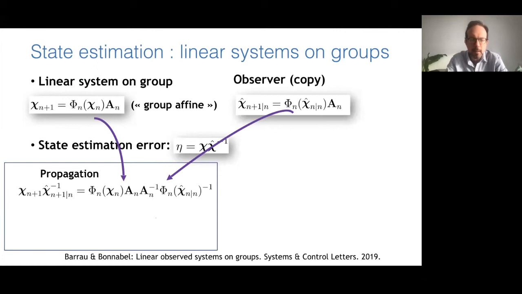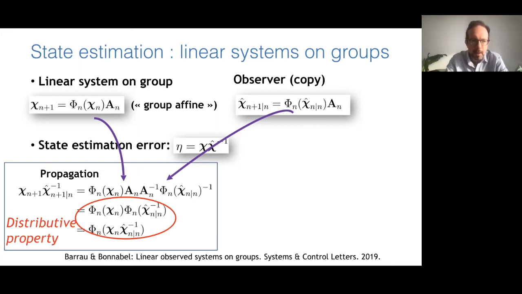So this is what I get. I see that the A's disappear, the input. Now it's easy to show that when you have a morphism phi, the phi of the inverse is the inverse of phi, owing to the morphism property.